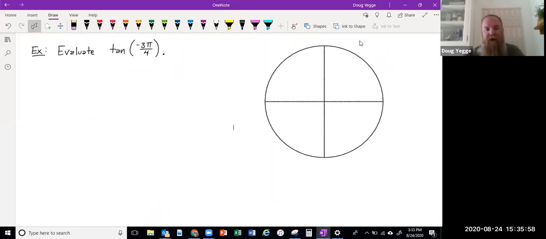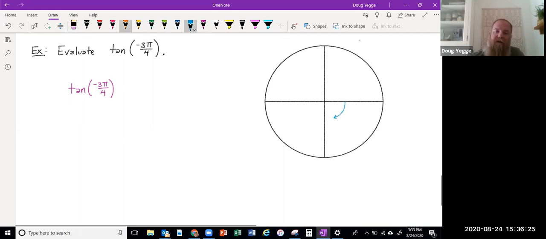I'd like to take a look at another example without converting into degrees to now try to think about the logic of the patterns in our circle. So since we're trying to find tangent of -3 pi over 4, I first of all have to think about where is -3 pi over 4? Well, I know that I'm going to be working my way downwards. So I know that negative means that I'm looping around in this direction.